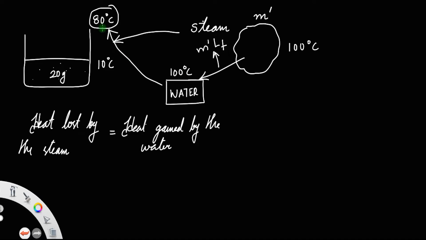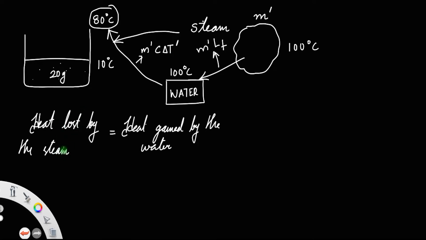And for the second process, for the conversion of water at 100 degrees Celsius to 80 degrees Celsius, a heat of m dash C delta T must be used. Let's call this delta T dash. For the rise in temperature, a quantity of heat of m dash C delta T dash must be used.